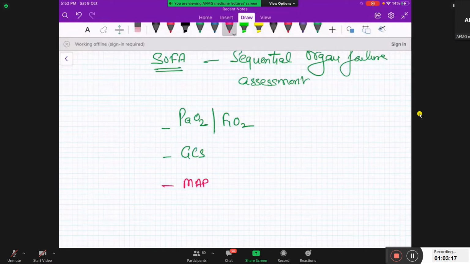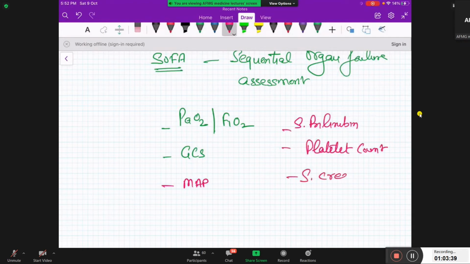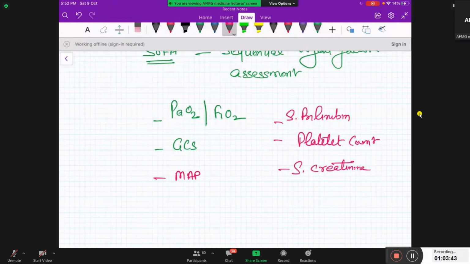GCS is not only there for trauma. GCS is a neurological assessment of any patient. Then serum bilirubin, platelet count, and serum creatinine also. These are the 6 parameters.